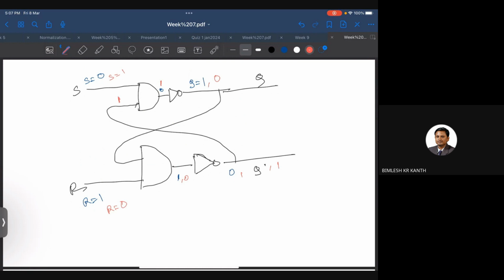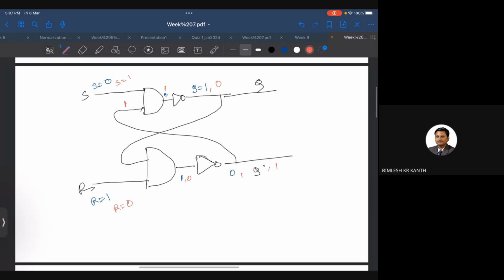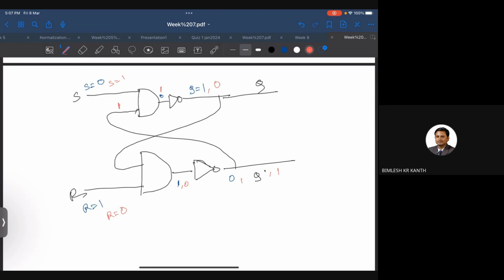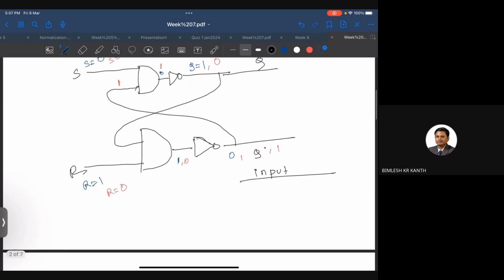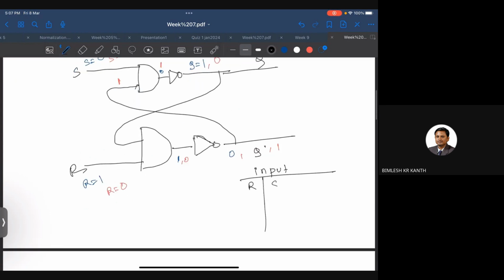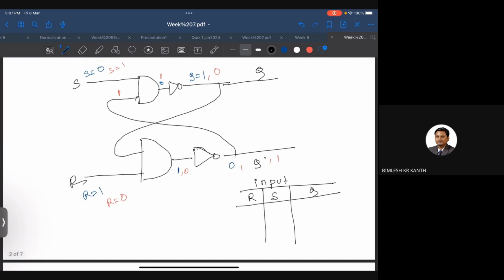Let's draw the truth table also, that will be good. Input R, S and what will be the Q?